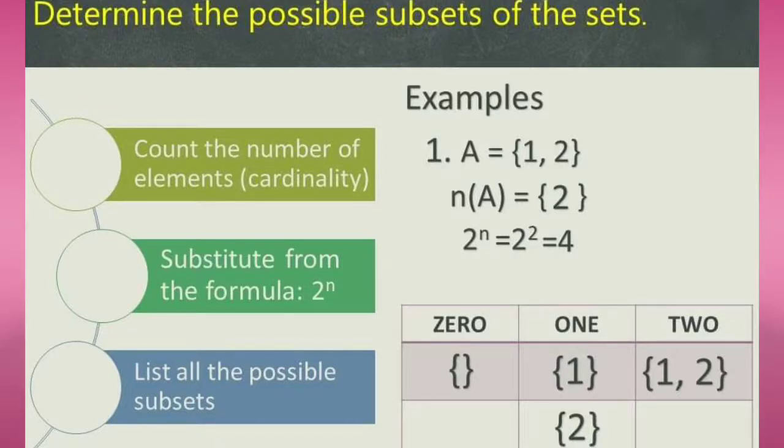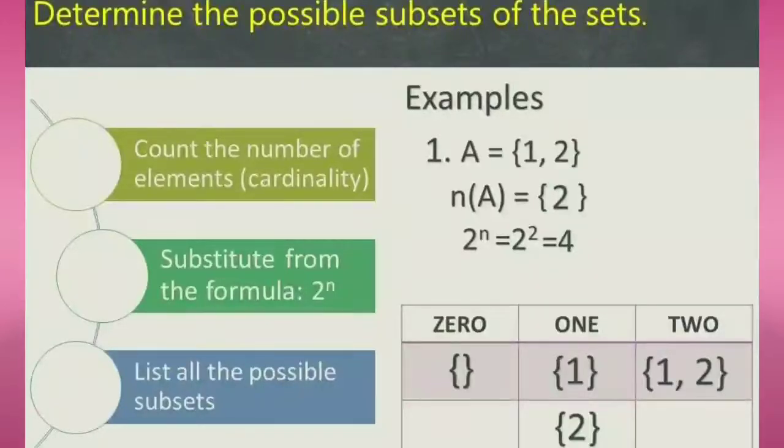To get the number of subsets, we have the following formula to be used. Not only can we count, we have the formula. For example, A is equal to 1, 2. So substitute in the formula 2 raised to n. Okay? So 2 raised to n. How many is n?